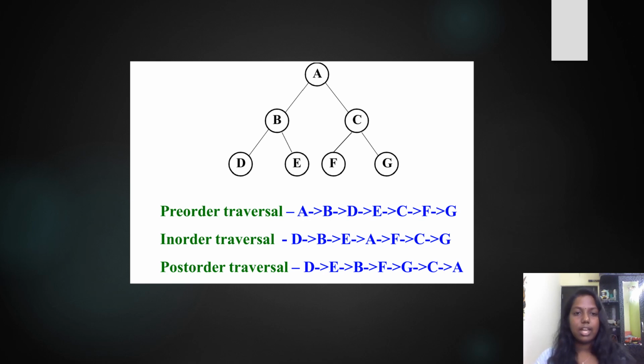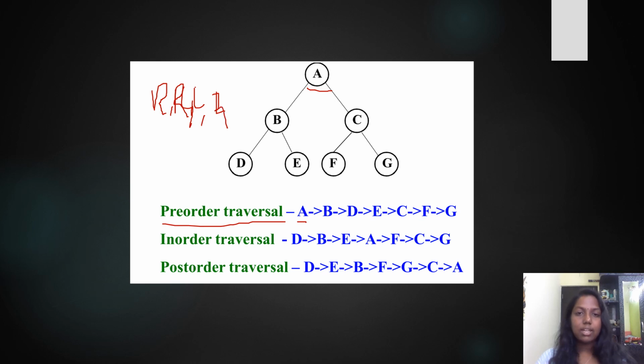So let's see here. As we know, the pre-order traversal is root, left, right. So what is the root node of our tree? It goes as A, and then we have the left. I'm extremely sorry, this would be left and right.